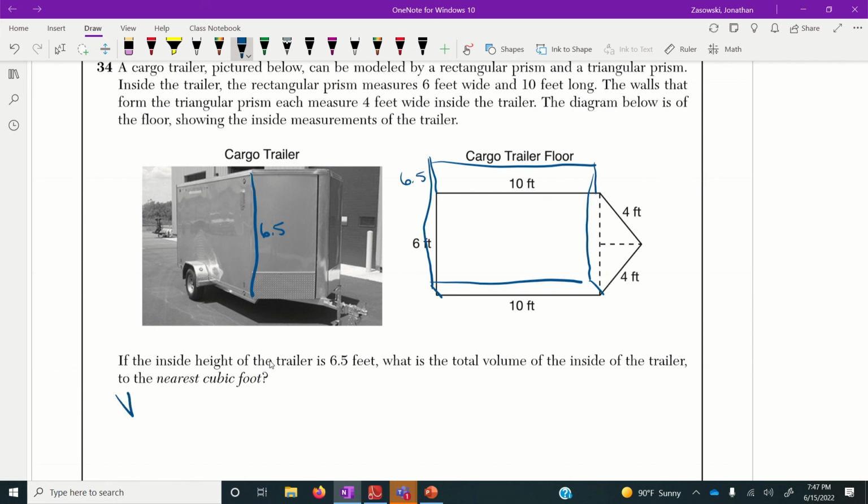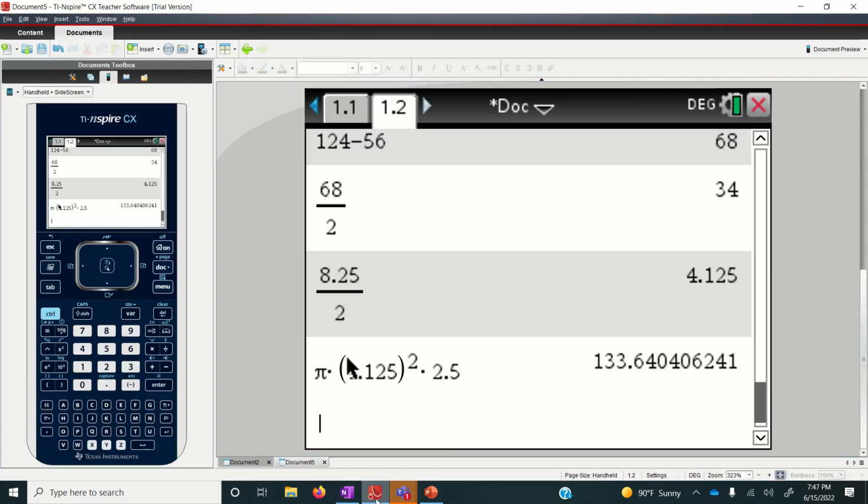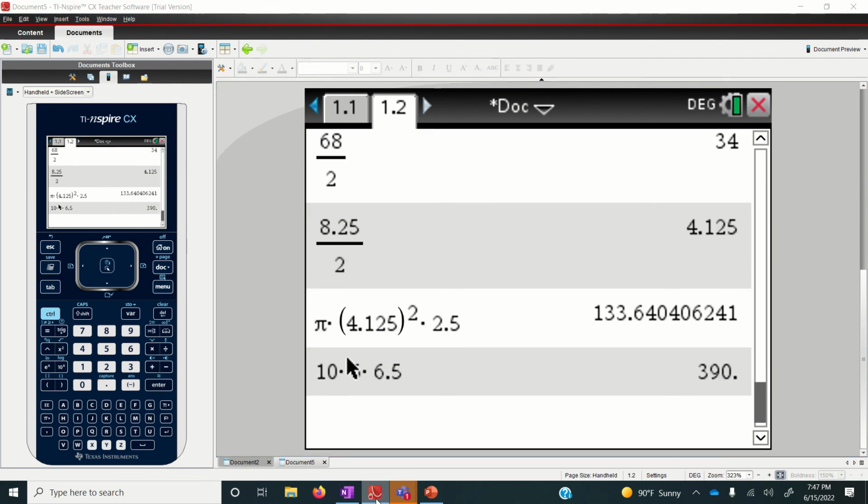Okay, so the volume, we'll write for the prism, volume of P is just length times width times height. So that's 10 times 6 times 6.5. Nice and easy on that one. So that's 390.